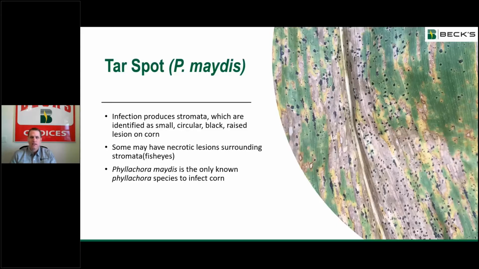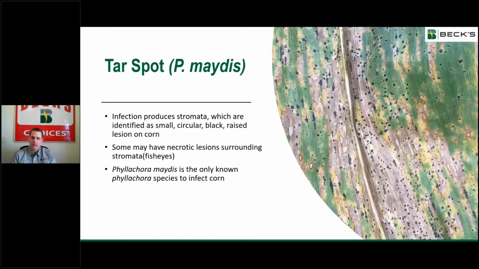It also takes on another look. It may have a necrotic lesion around it, which is called a fisheye lesion. And we find that interesting in the United States with the Phyllachora maydis strain of tar spot, that we see those fisheye lesions. If we look at early literature from Central America, Latin America on tar spot, they noted that when you saw the fisheye lesions, there was another strain called Monographella maydis with that Phyllachora maydis, which caused the largest yield reductions in those regions.